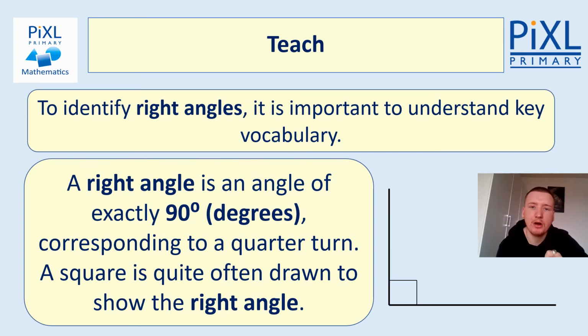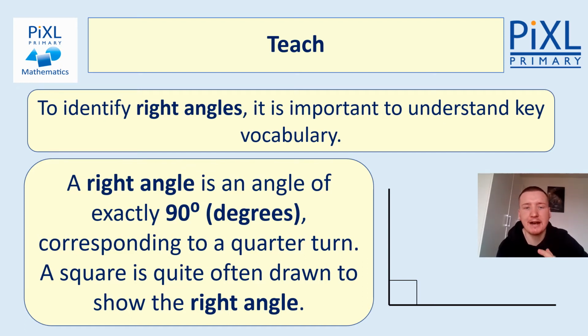But it's really important that we understand what a right angle is. I know you looked at them last week, but this is going to get even harder because it's year 3, pushing on to year 4 work. The definition of a right angle is an angle of exactly 90 degrees, which is the same as saying a quarter turn.